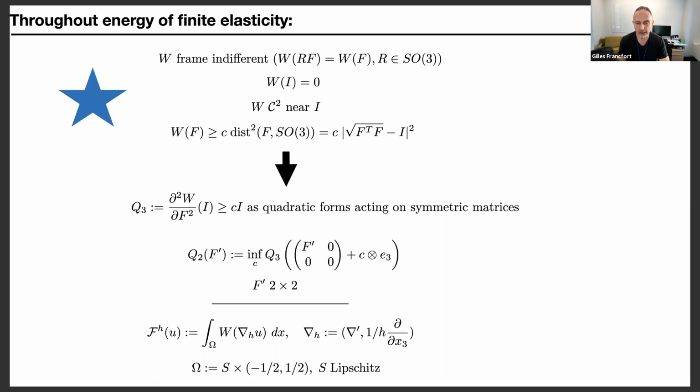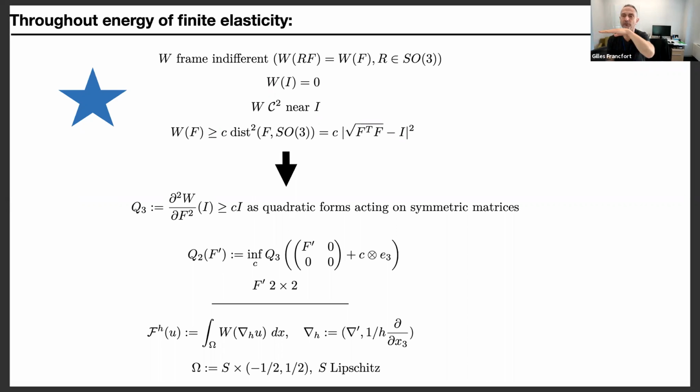Okay, so now I'm going back to Irene's notation, I think. Omega H is your domain, which has a height H. And as she explained last week, it's better to rescale, to place yourself on a fixed domain, which I called omega, which is S times minus 1/2, 1/2.